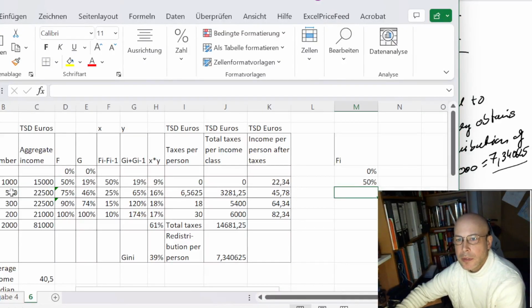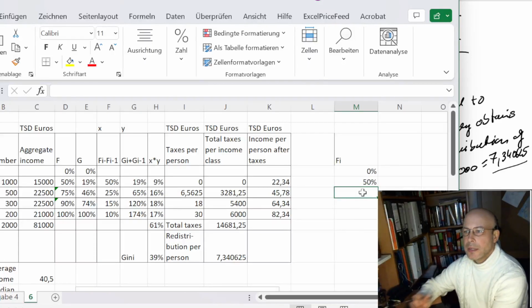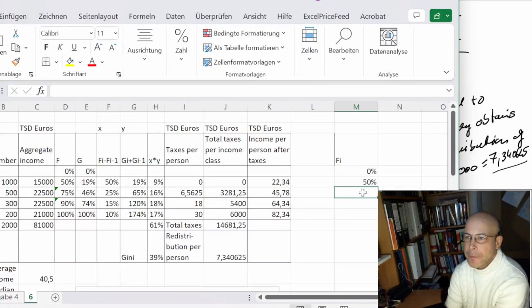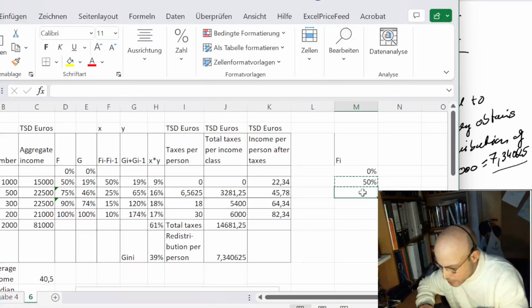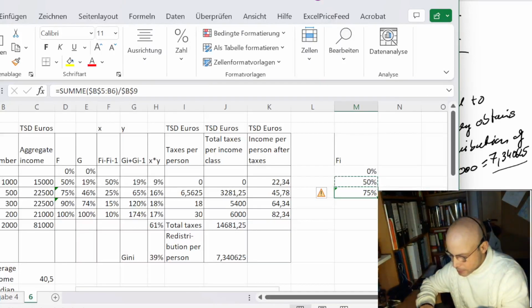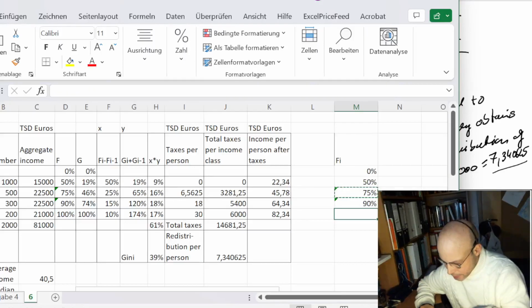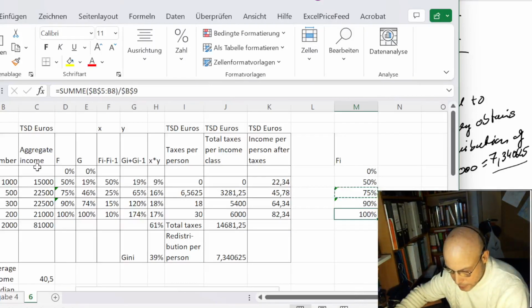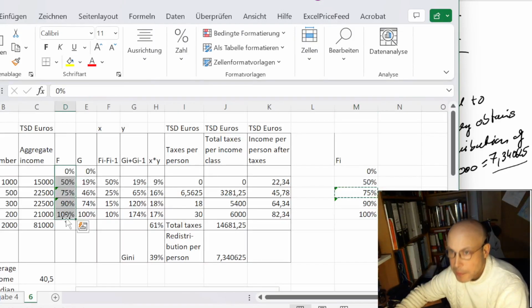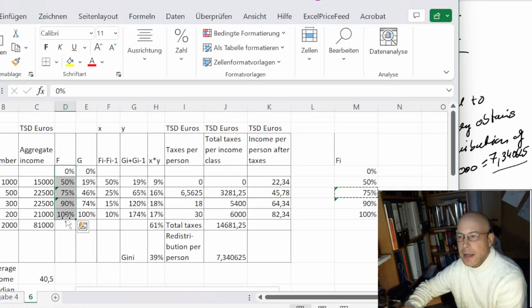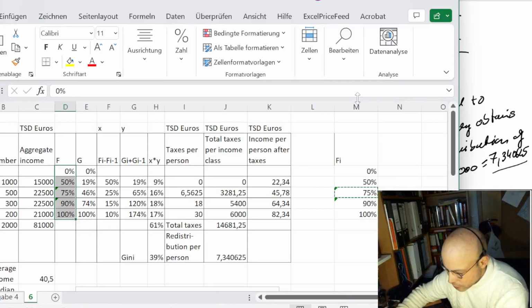In the second class we have 500 people, and then this number in this cell should be, yes, great, and I hope that my formula is right. So then I can go down: 75, 90, and 100, and of course this has to coincide with these numbers because the numbers in our classes didn't change.